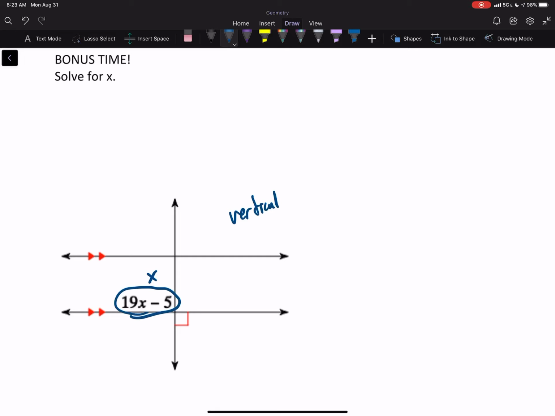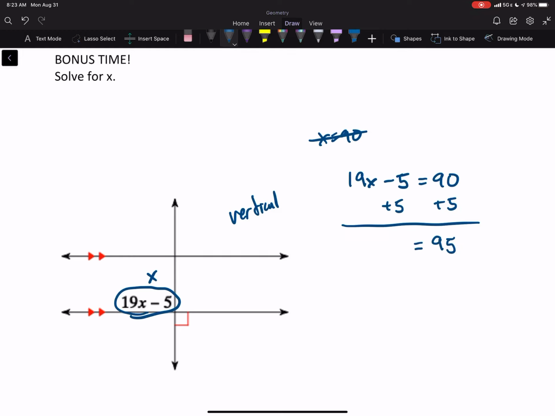All right, well, now, instead of just saying x equals 90, because that would be the easy way, we're going to step it up a notch and say 19x minus 5 equals 90. So what I'm going to do now is add 5 to both sides. I'm going to solve this like it's an equation in algebra.